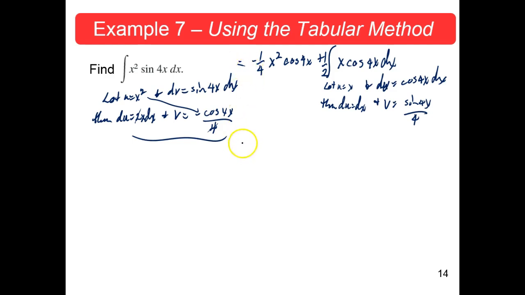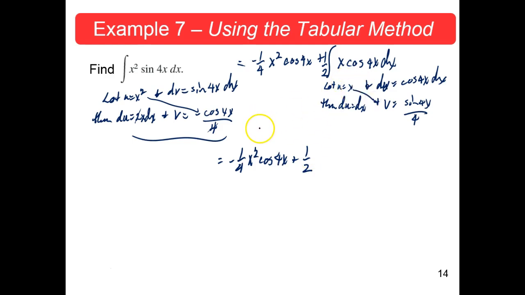All right. Now I'm going to bring down this first answer. I'm sorry, I keep getting frogs in my throat. Minus 1/4 x squared cosine 4x. And this became a plus 1/2.